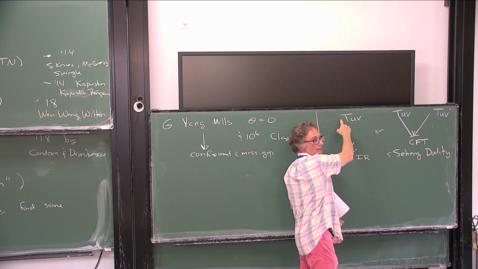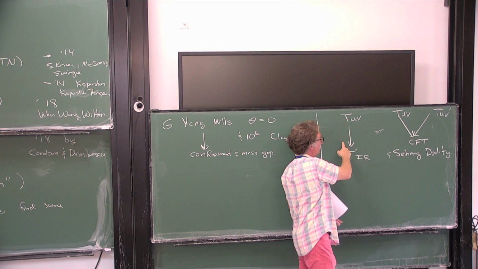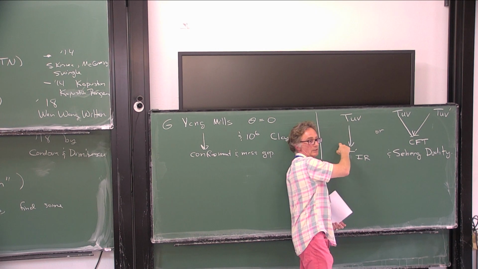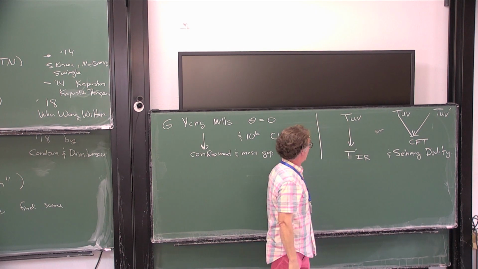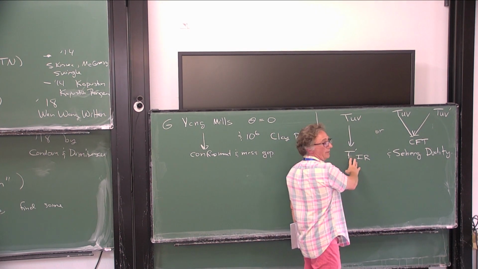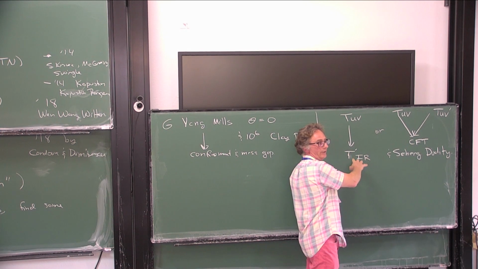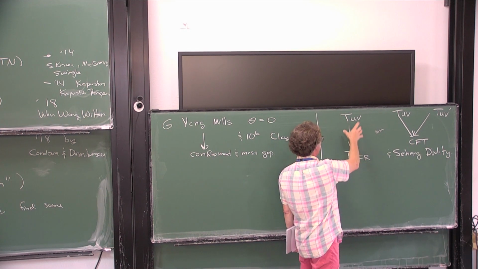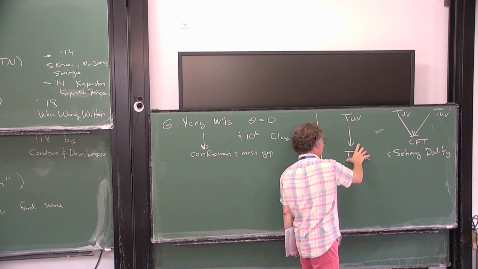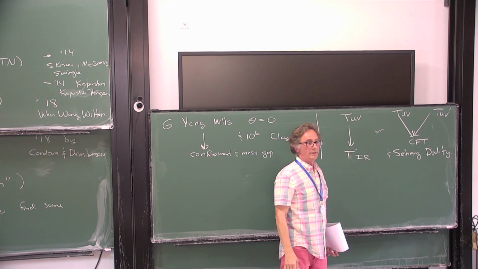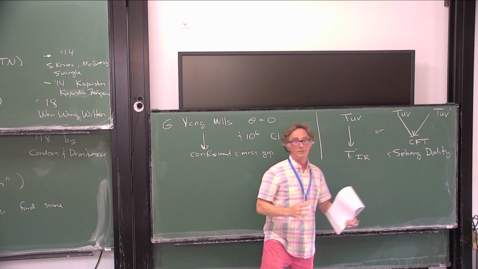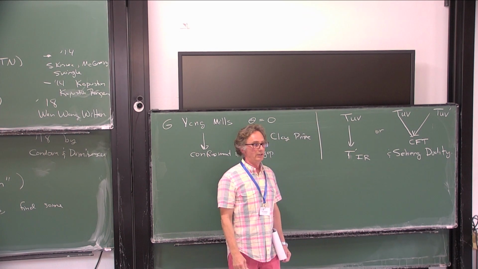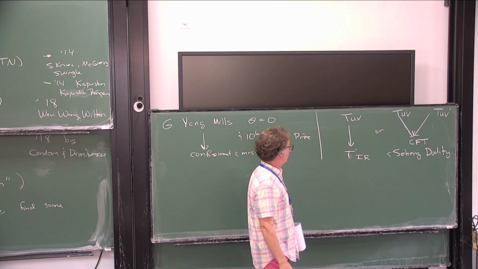But then as we go down the mountain, we lose control. And then we can guess, in this case, that it's some other theory that becomes free in the infrared. So in some of these examples, it's a free theory here or a different free theory here. They look very different, and some parts of the map between them are known or conjectured, but in general, the map isn't known.